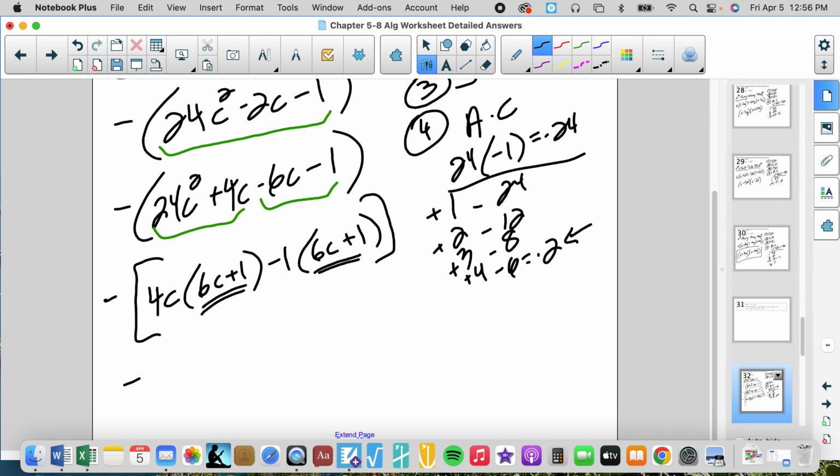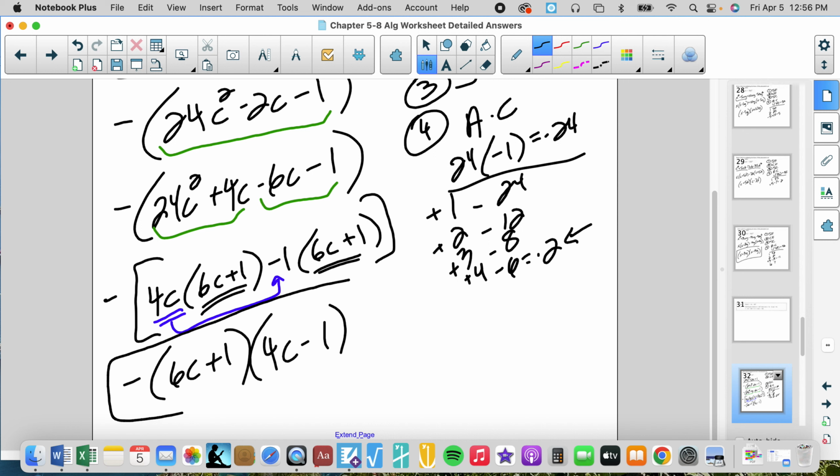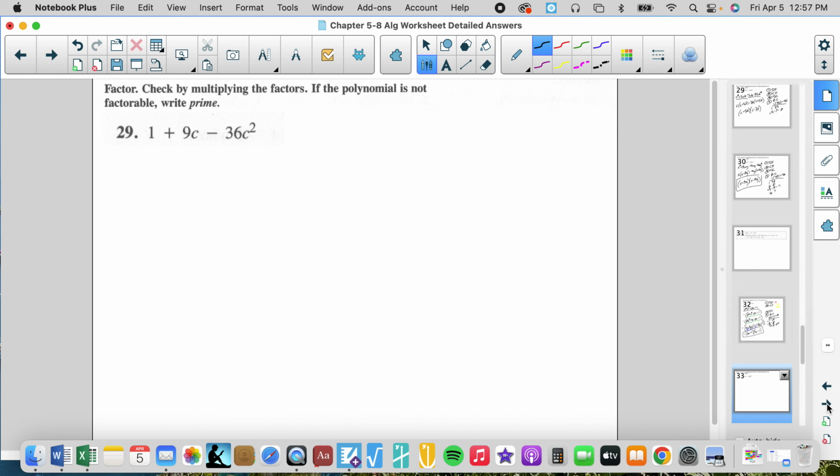So I have the negative out there. I'm going to pull that 6c plus 1. And then I'm left with 4c minus 1. So this is my trinomial factored. So that negative out there represents a negative 1. We wouldn't write a negative 1. We'd just write the negative. We just want to keep that.